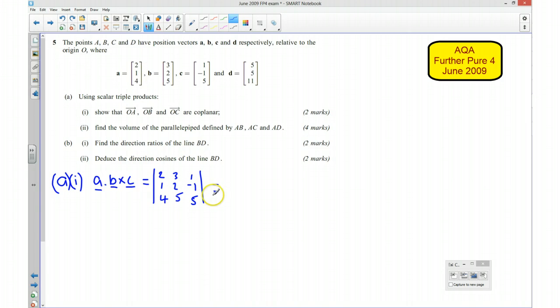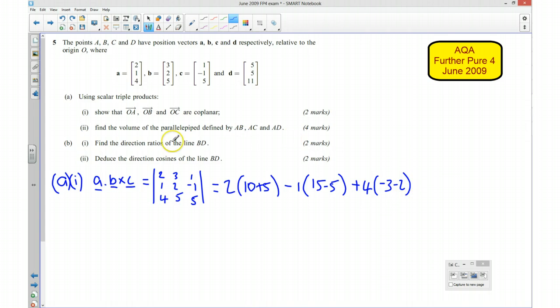So I'll carry on, and we have got 2 times 10, 5, and then I've taken away 1 times 15, take away 5, and I'm going to add on 4 times -3, take away 2.